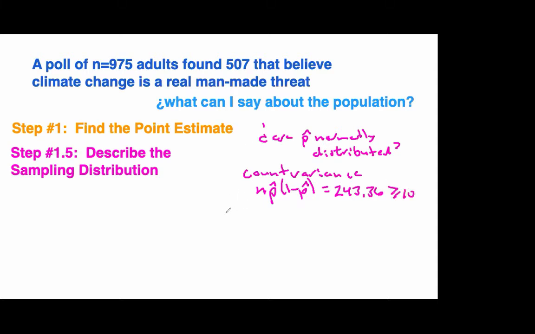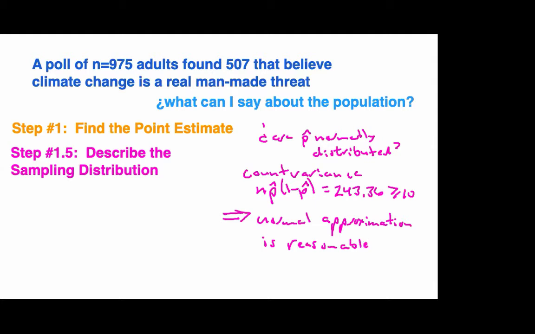Okay, so this suggests that yes, the normal approximation is reasonable.